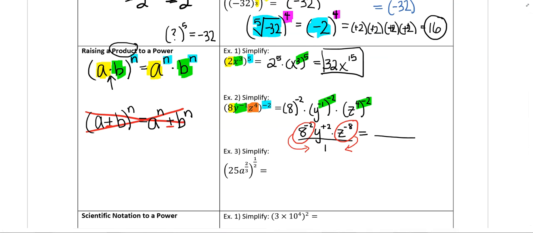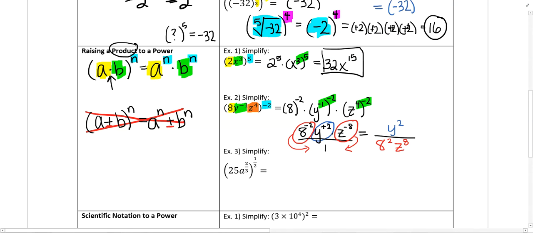Now, the y squared is a positive exponent, so he's going to stay right where he is. He's happy. The 8 to the negative 2 is going to become an 8 to the positive 2 in the denominator, and the z to the negative 8 is going to become a z to the positive 8.